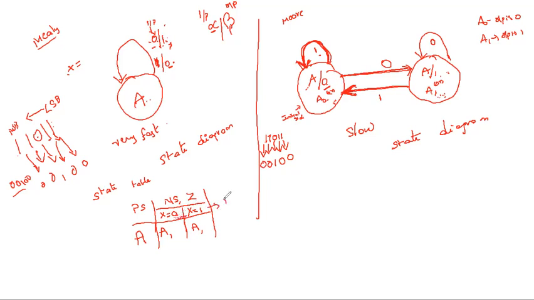This row is called the input row: X is equal to 0, X is equal to 1. Whenever X is equal to 0, we get output 1, so A comma 1. Whenever input is 1, output is 0, so A comma 0. This is the state table for the Mealy machine 1's complement.